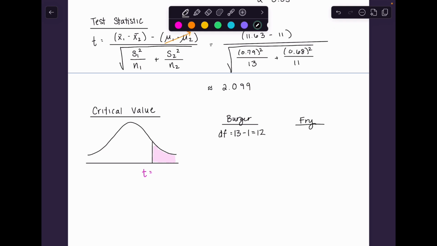For Fry World, the sample size is 11, so -1 is 10. Which means the degrees of freedom we should use is the smaller amount, which is 10. Our alpha, our significance level, is 0.05, so that needs to be the area in one tail.